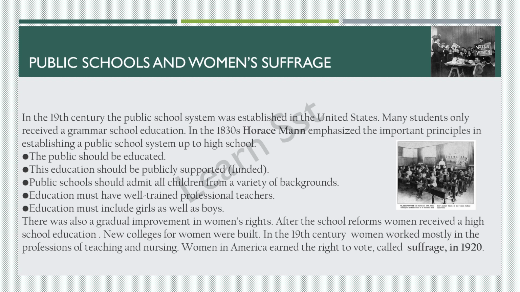Women in America earned the right to vote, called suffrage, in 1920. Why? Because women started getting education, they started becoming independent. So they started stressing the demand for equal rights, not only in other spheres but also in the political sphere.